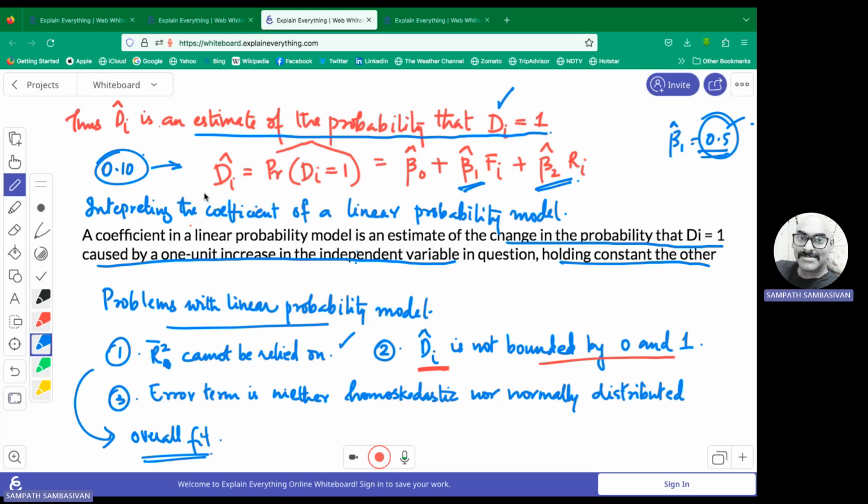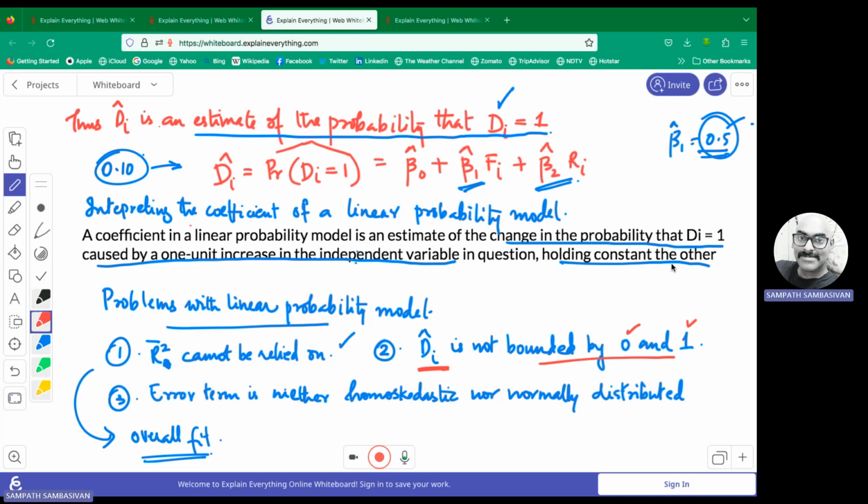It's a probability value. So it's quite natural, as people who have studied probability, for us to expect that the value of DI hat might be confined within 0 and 1, because having a value greater than 1 doesn't make much sense.